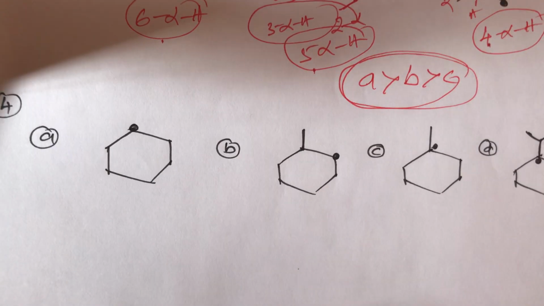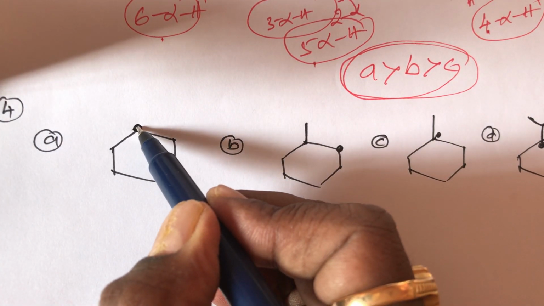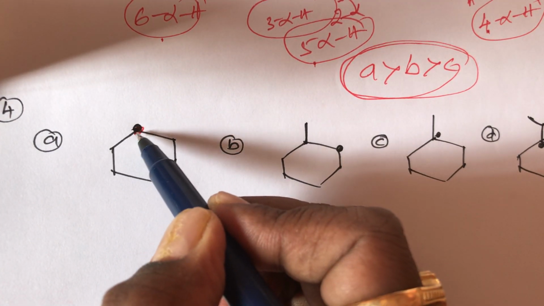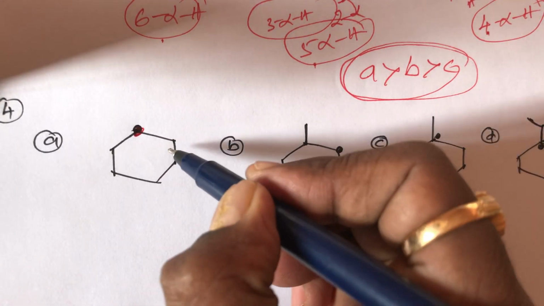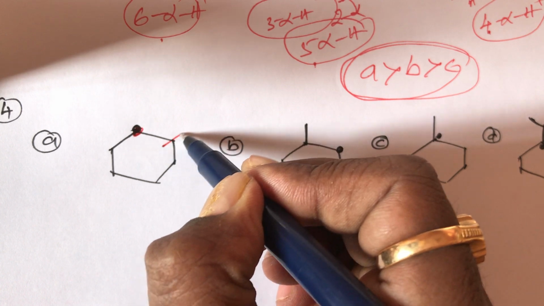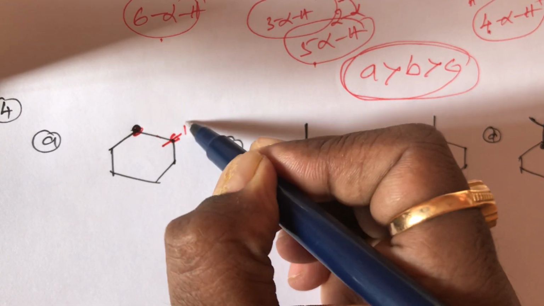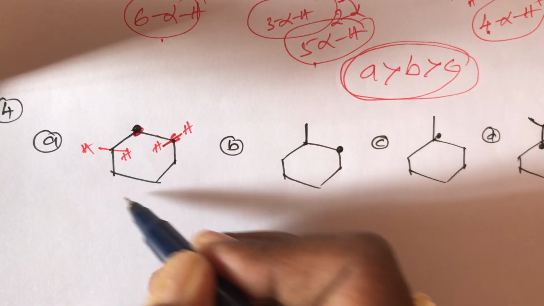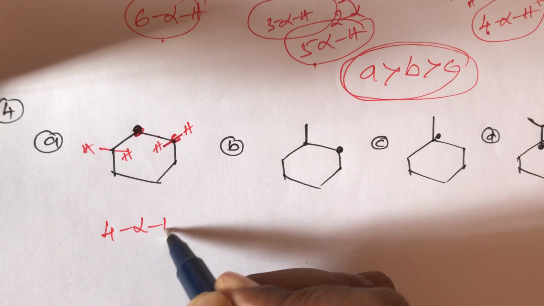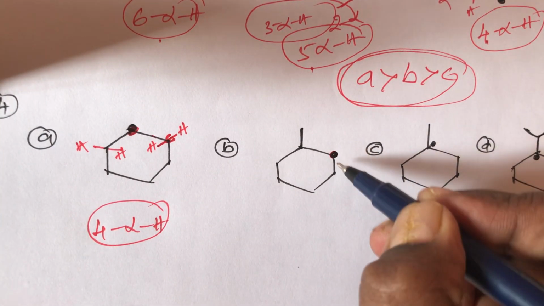Now, take a cyclic compound example, this is cyclohexane. It is also a secondary free radical. The carbon beside the free radical is an alpha carbon. On this alpha carbon, 2 bonds are already used, and the remaining 2 hydrogens are left. These are alpha hydrogens. So in the first compound only 4 alpha hydrogens are present. And the second compound is a secondary free radical.